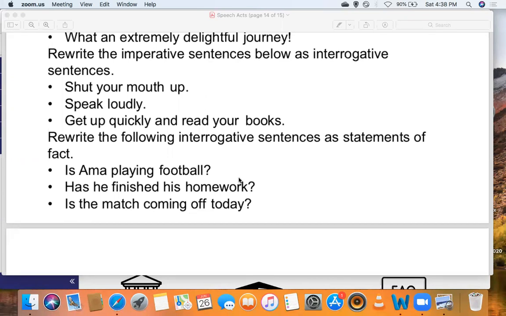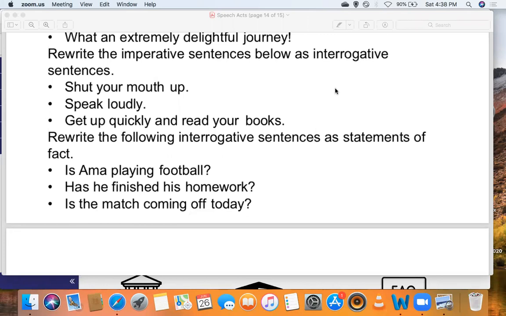Then next person for the next one. Will someone else convert the second one? Yeah, Hayford, go ahead. And then Sylvester will convert the third one. Sir, he has finished his homework.